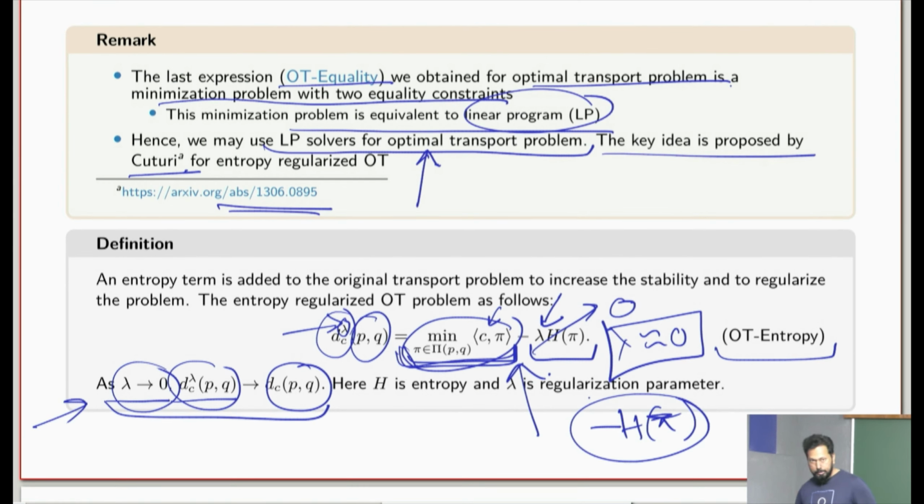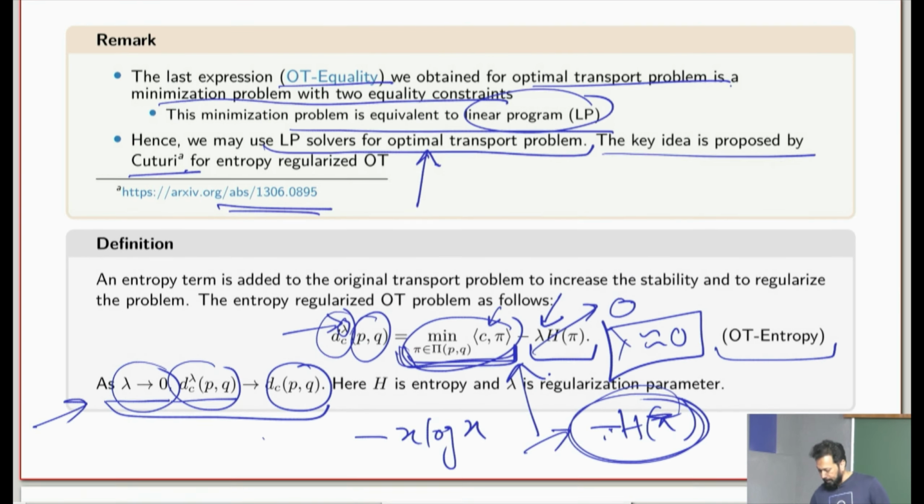The first idea behind such regularization is to somehow make this problem more regular, meaning maybe strong convexity. In this case, the negative of the entropy is strongly convex. If you want to see this, it is like the negative of x log x.